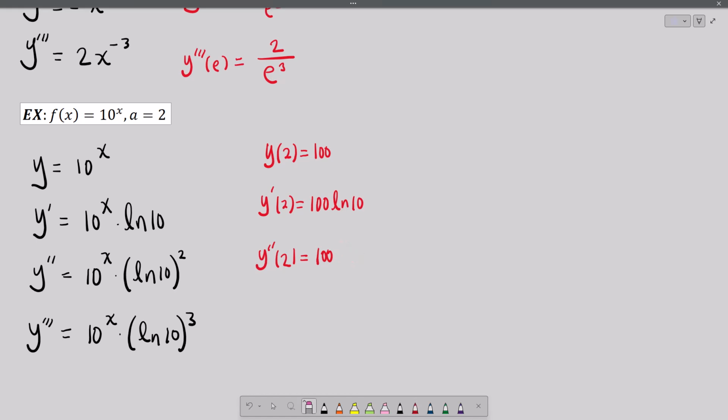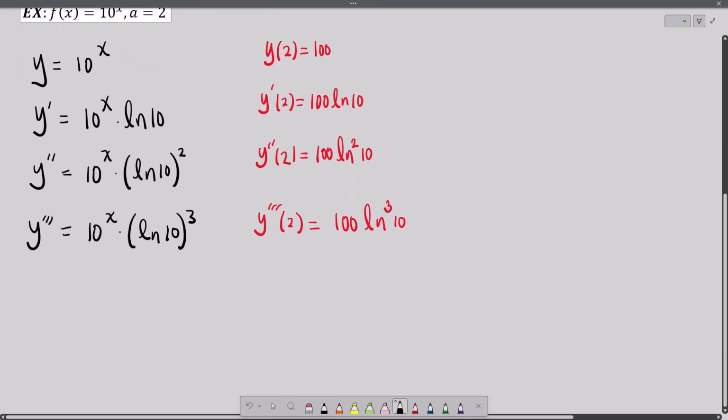Let's use their clever shorthand notation just for grins: natural log squared of 10. Remember that means natural log of 10 quantity squared. So those are our constants that we will use to build the coefficients.